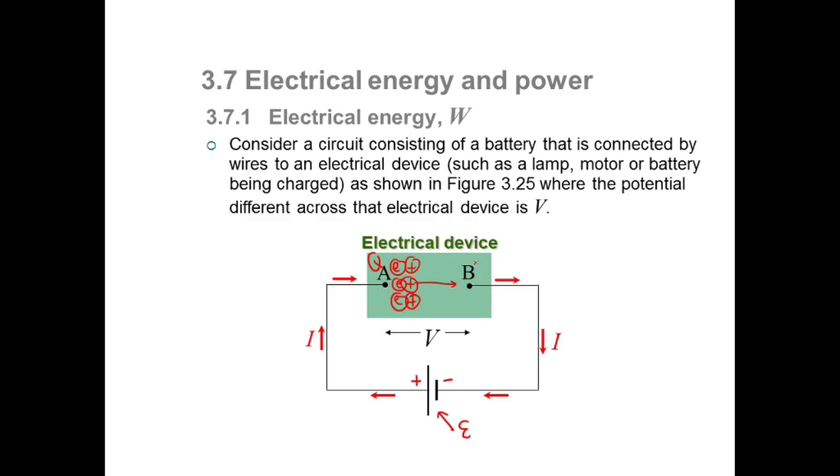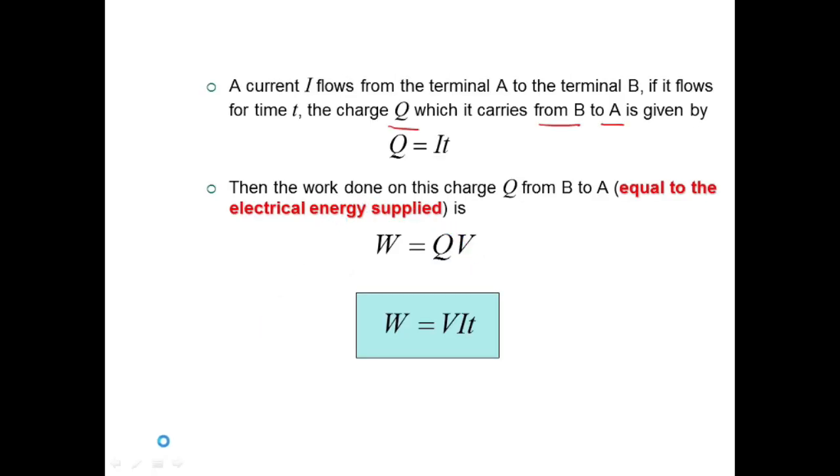This is what electrical energy supply means: the energy, or work done, to bring charge Q from B to A. From the previous lesson in chapter 1, electrostatics, you already know that electric potential V is equal to work over Q.